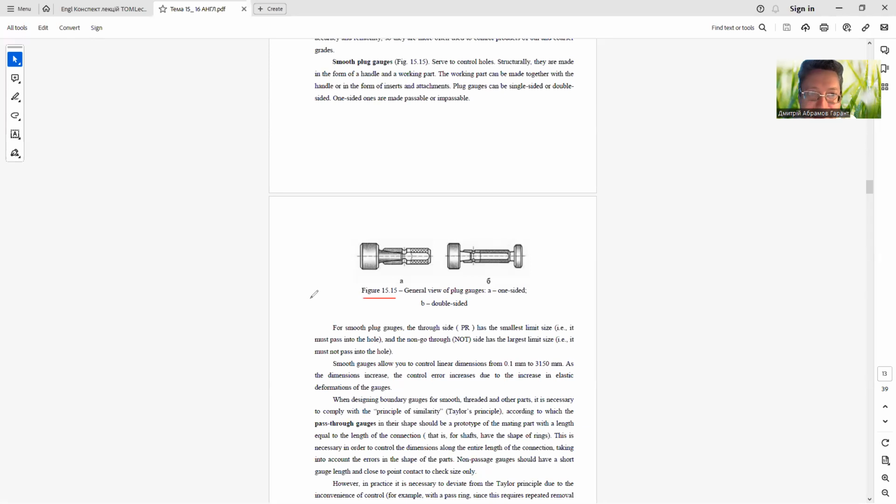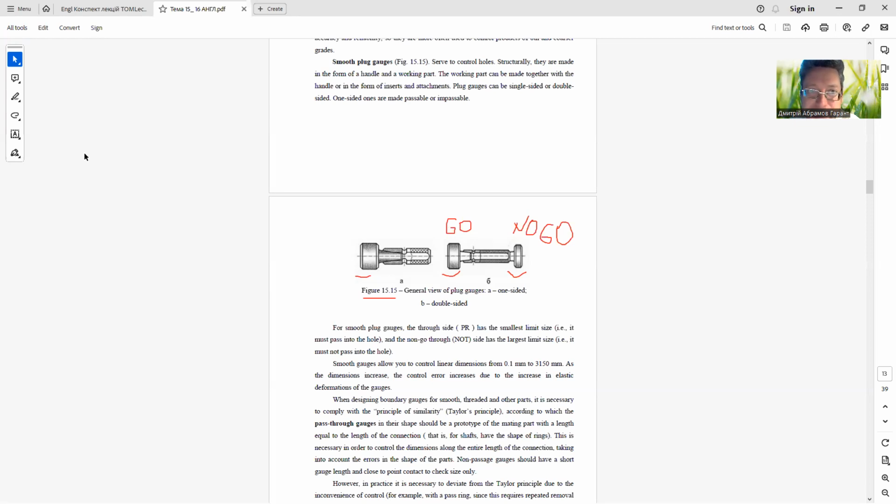The general view of plug gauges is one-sided and double-sided, for example with a go side and a no-go side. We use these plug gauges to control holes.